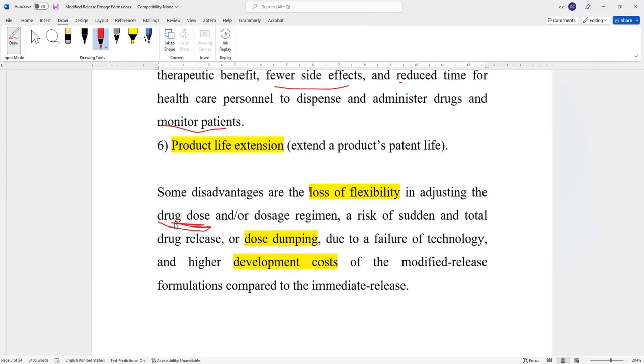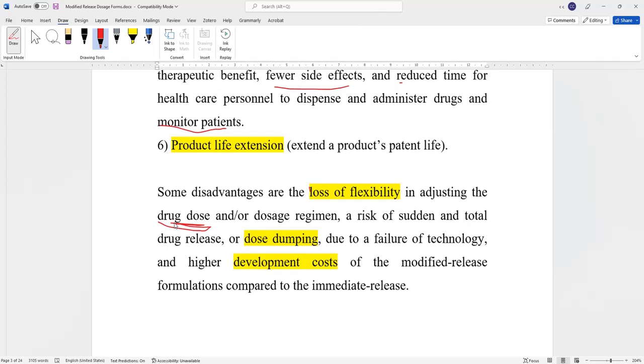And remember, when I say all of the drug, for an extended release dosage form you usually have much more drug compared to immediate release, because you want to give the drug for a longer period of time. So you need to put more drug, and more drug is released suddenly.